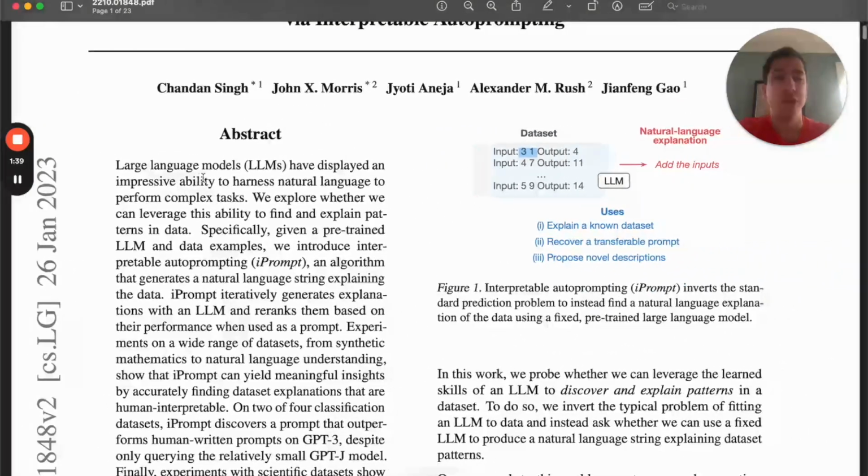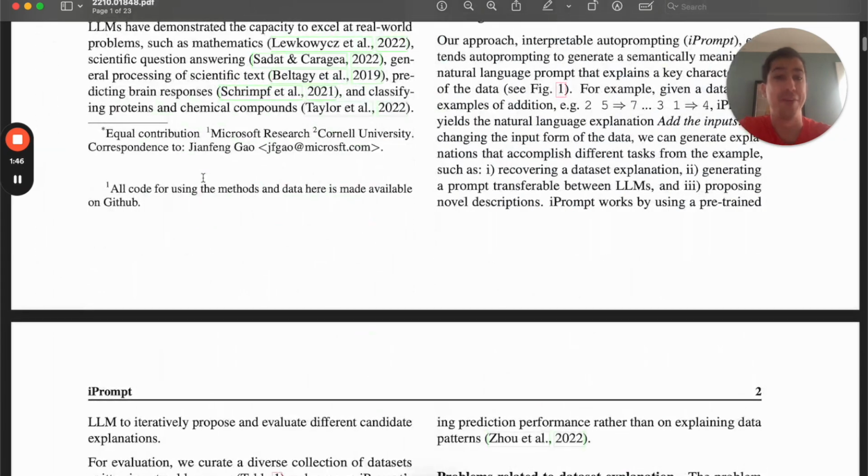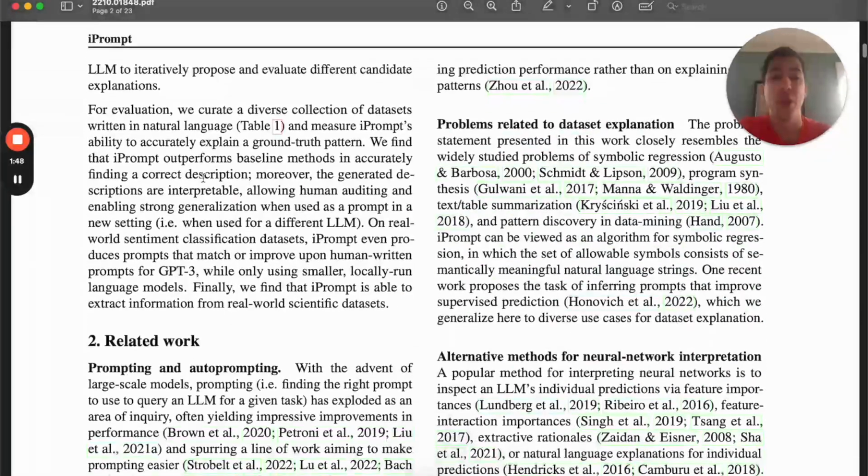So they talk about this idea generally. I mean, it's a lot of background on prompting and whatnot.